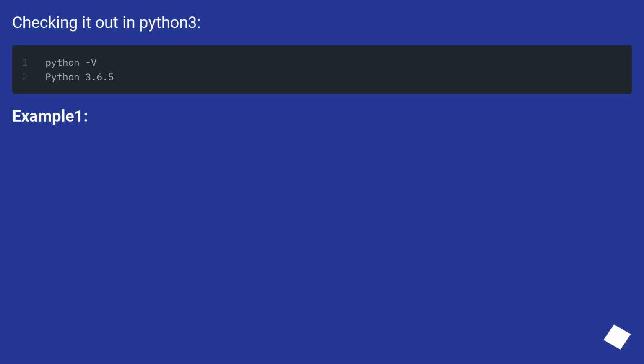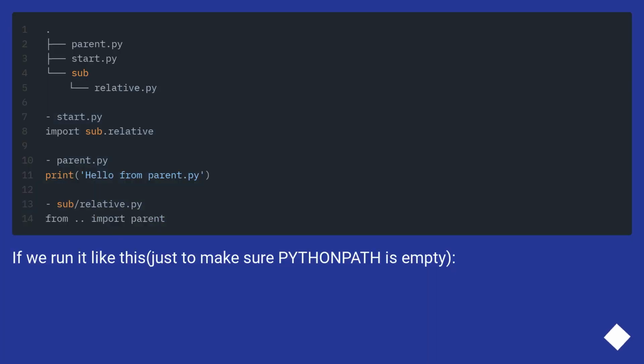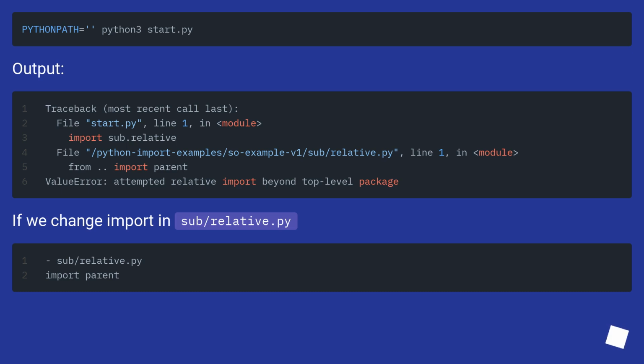Checking it out in Python 3. Example 1. If we run it like this, just to make sure the Python path is empty, output.